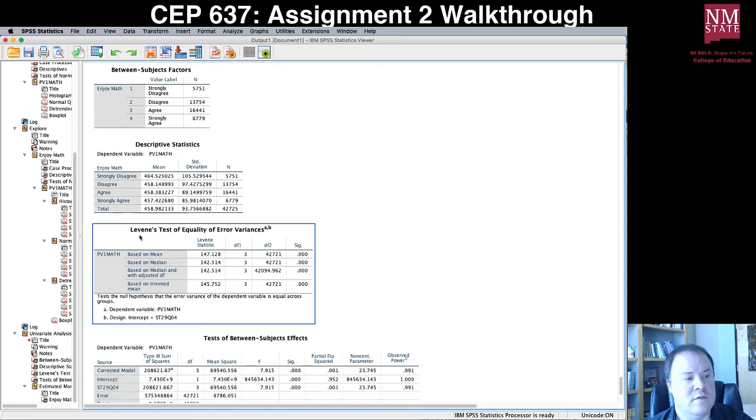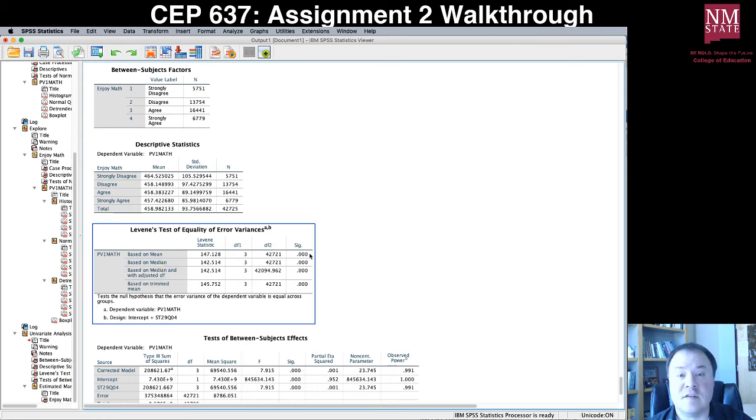And if we look at the Levene's test of equality of variances, and remember, we're running this ANOVA to test differences in mean. So we're looking at the first row based on the mean. We see significance is 0. And if you forget what this test does, it tells you at the bottom. Test the null hypothesis that the error variance of the dependent variable is equal across groups.